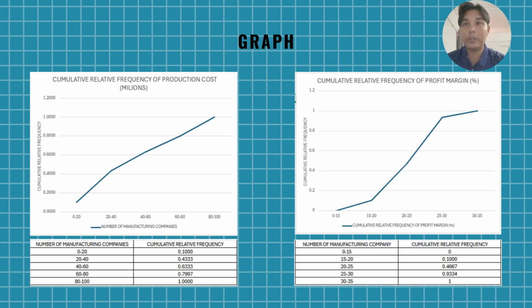As we can see at production cost, the lowest value is 0.1000 at the number of manufacturing companies between 0 until 20, while the cumulative relative frequency of profit margin, the lowest value that you can see here is 0 at 0 until 15 number of companies, and the highest at 30 until 35 number of companies, which is the value 1.